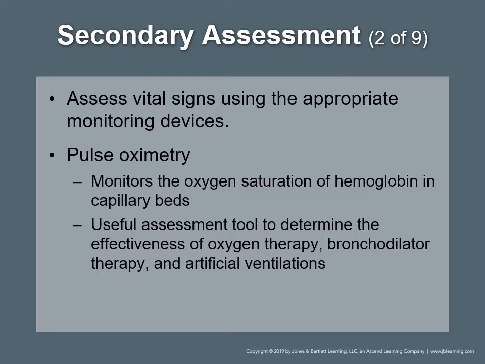Okay, so pulse oximetry, just so that you guys get a quick rundown of this stuff. It monitors the gas saturation of hemoglobin, not only oxygen, but carbon dioxide, carbon monoxide, methemoglobin, all of those gases that attach to hemoglobin. It's going to be able to measure the saturation.